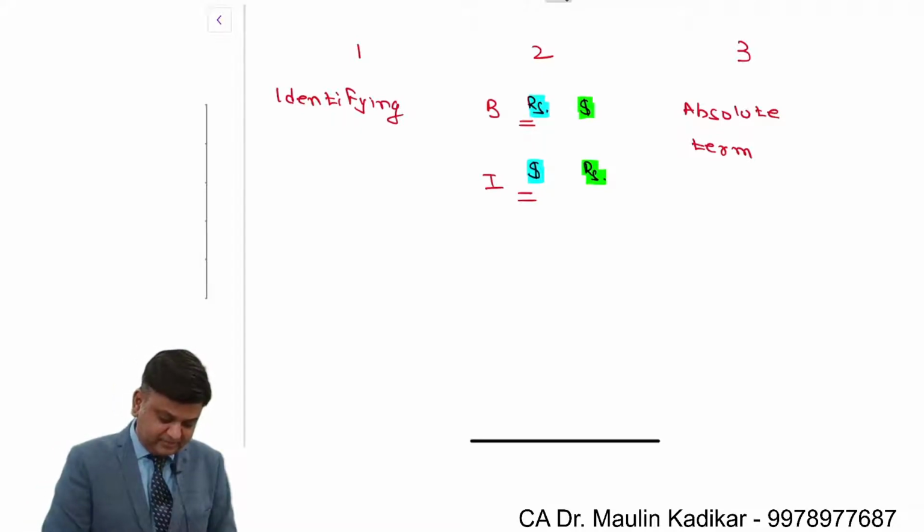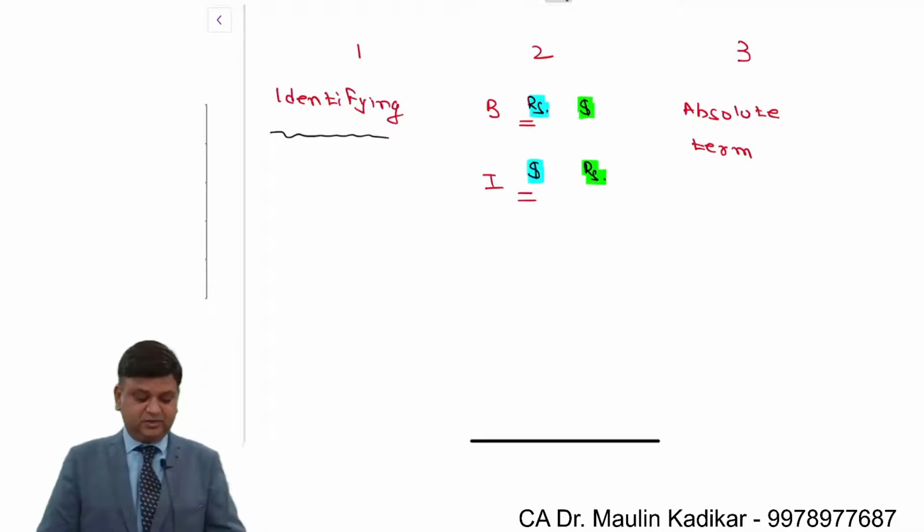In step number 1, we have to identify whether arbitrage exists or not. Can anybody tell me whether arbitrage is existing or not? We understand that of course the arbitrage is existing. Why?